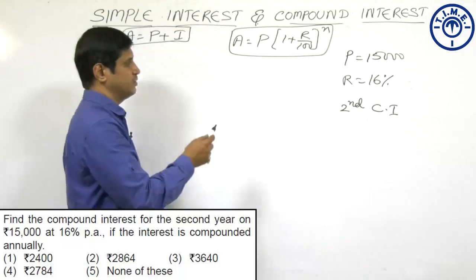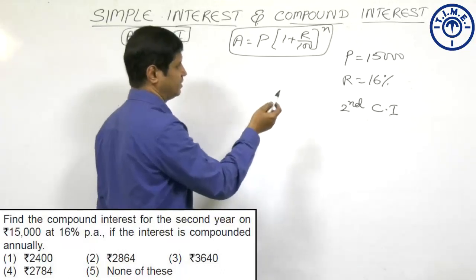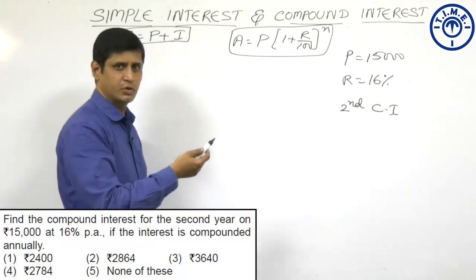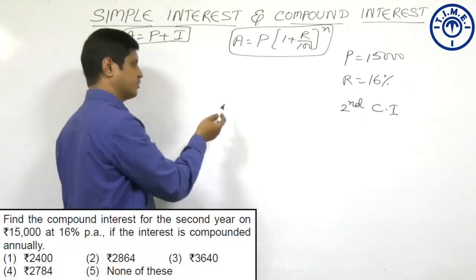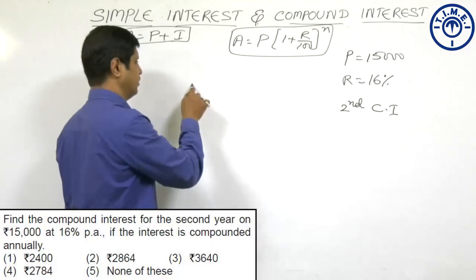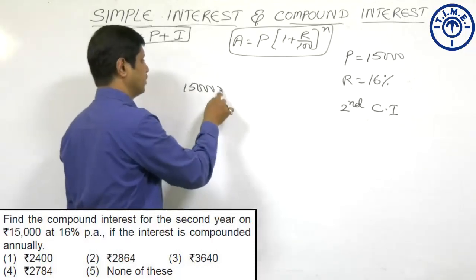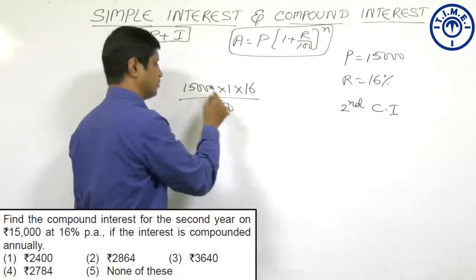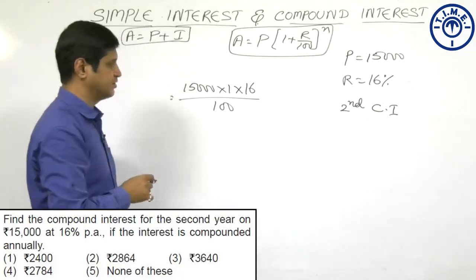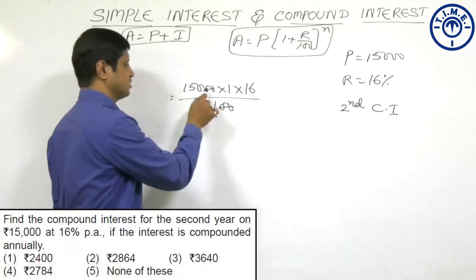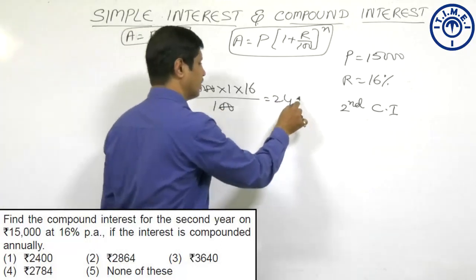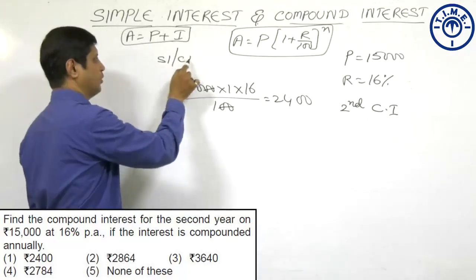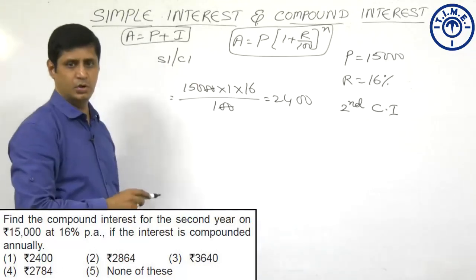Now, let us find the simple interest for 1 year, which is equal to compound interest for 1 year. So, simple interest for 1 year and compound interest for 1 year are same. So, 15,000, 1 year, 16% means the compound interest as well as simple interest is 2400. It is simple interest as well as the compound interest for 1 year.